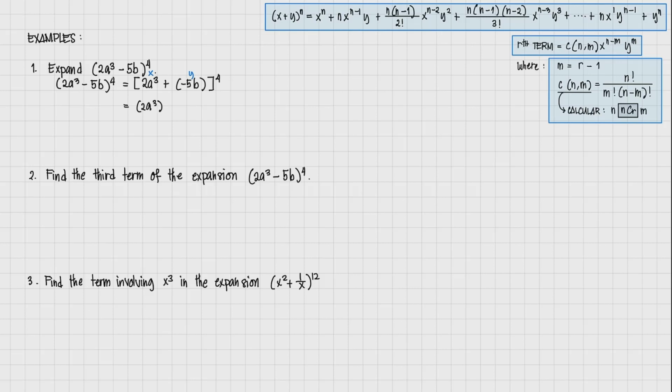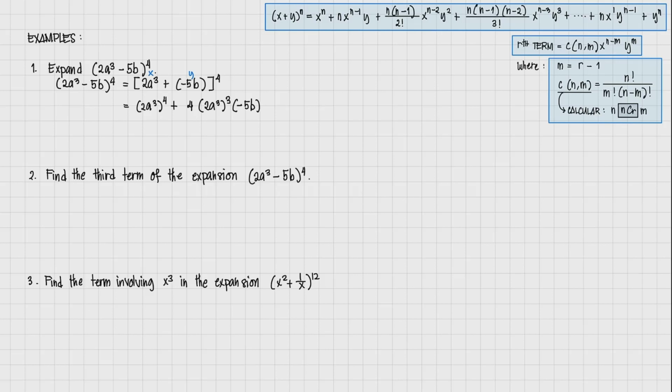Our n in this case is 4, plus n, which is 4, times x, 2a raised to 3, raised to n minus 1, which is 4 minus 1. So that's 3, times y, which is negative 5b.